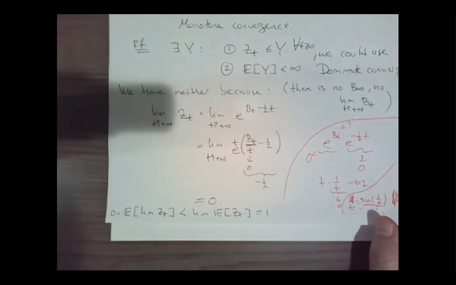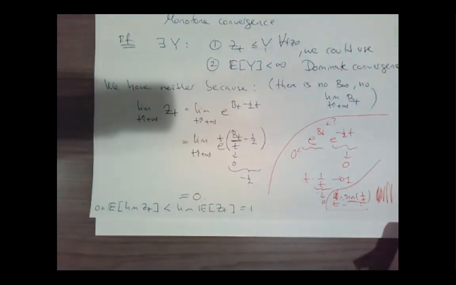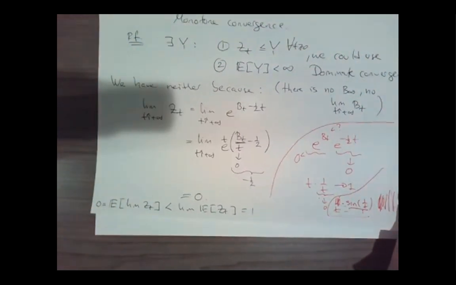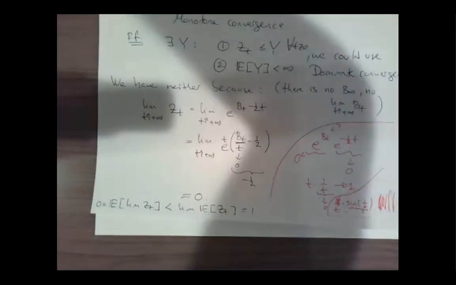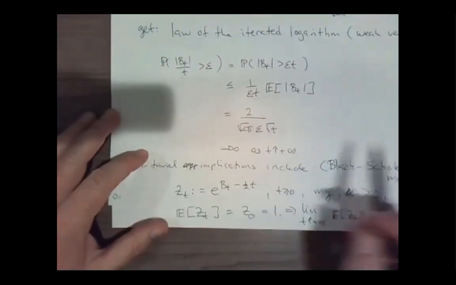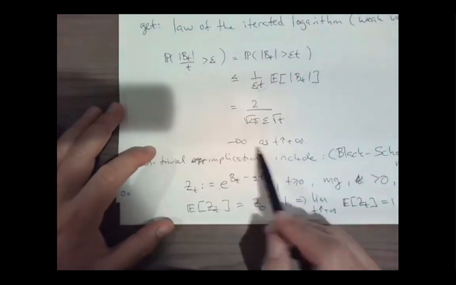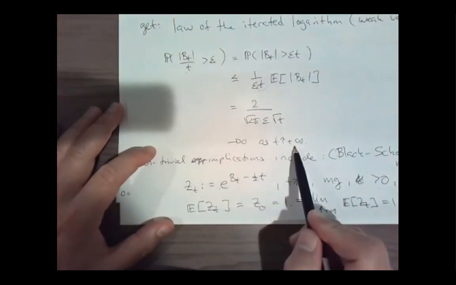Yeah, I have a quick question. I remember you flipped back to Chebyshev's inequality, when we justified that B_t over t goes to 0. I was a little unsure, it was in the limit. Right, this is in the limit, as t goes to infinity.